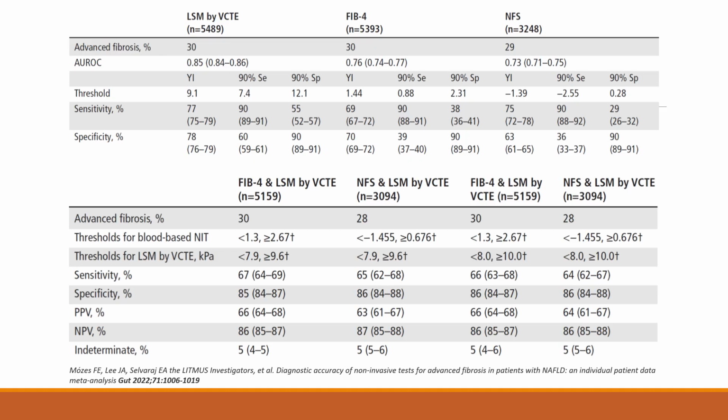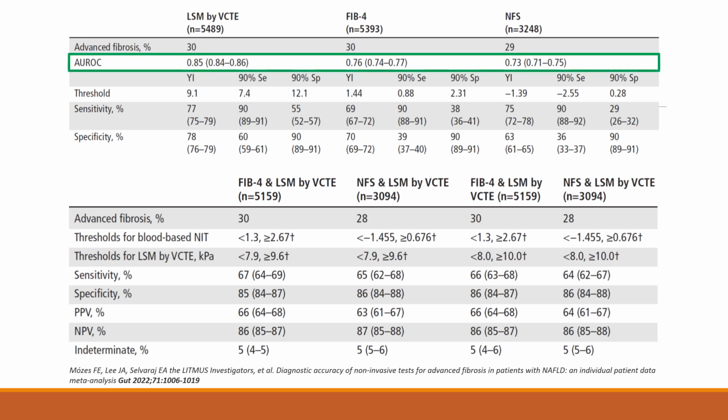The superiority of Fibroscan over FIB4 and NFS is further confirmed by a meta-analysis of 37 studies involving over 5,000 patients with biopsy-proven disease. Still, a significant proportion of patients fell into an indeterminate range between the optimal cutoffs, and the authors showed that combining Fibroscan with FIB4 or NAFLD fibrosis score drastically reduced this proportion of patients.